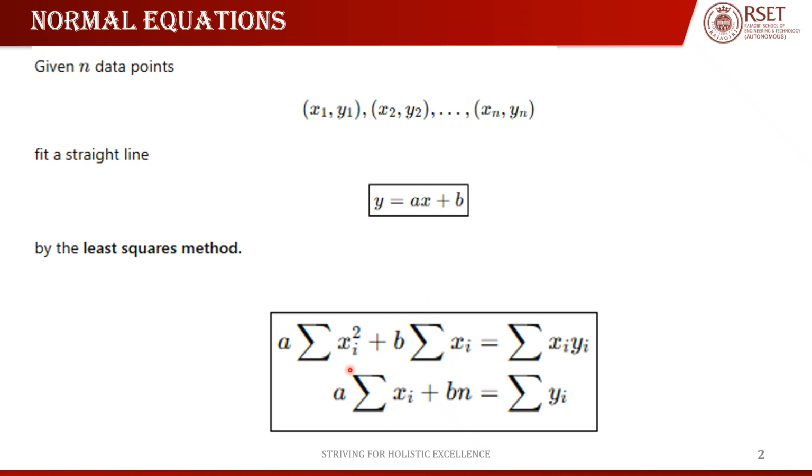So you will have two equations, and you will be able to find the sums of xi square, xi yi, and all the others. From these two equations you have two variables, a and b, and you will be able to solve for a and b and substitute in y = ax + b. Then that particular line will be the best fit straight line to the given data points. That's the method of doing the problem.